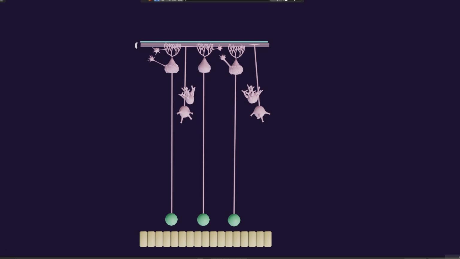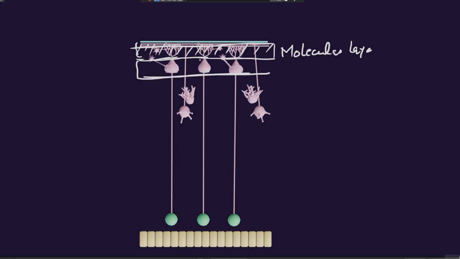These parallel fibers, along with the arbor vitae of Purkinje cells, the basket cells and the stellate cells, constitute a single layer termed the molecular layer. Then we have a single cell thick layer, consisting of the cell bodies of Purkinje cells, and this is of course called the Purkinje cell layer.